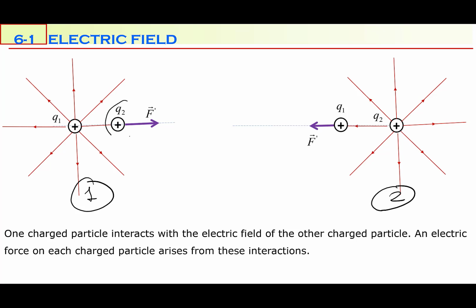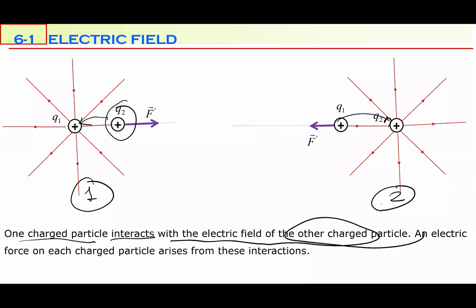The second charge is inside the electric field of the first charge. The first charge is inside the electric field of the second charge. So one charged particle interacts with the electric field of the other charged particle. An electric force on each charged particle arises from this interaction between the charge and electric fields.